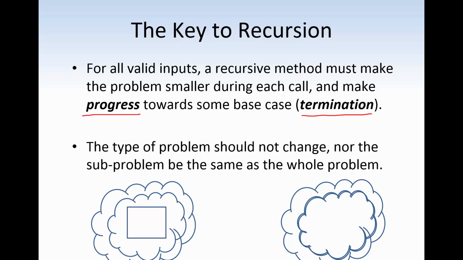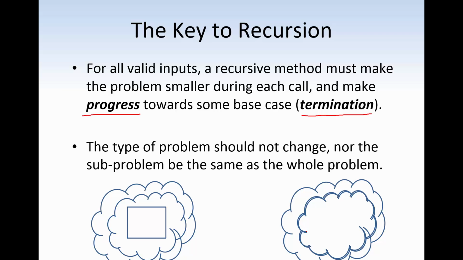The other way we don't make progress is if things never change. This is where I said, what happens if we had factorial of 4 equals 4 times factorial of 4? In that case, I have infinite recursion, where I never have a smaller problem to solve. It's still the same size. That's what I'm indicating here. I have a full-size cloud, there was a recursive call to it, and I have a slightly smaller problem inside, but when I go to solve that one, it's the same thing inside of it.